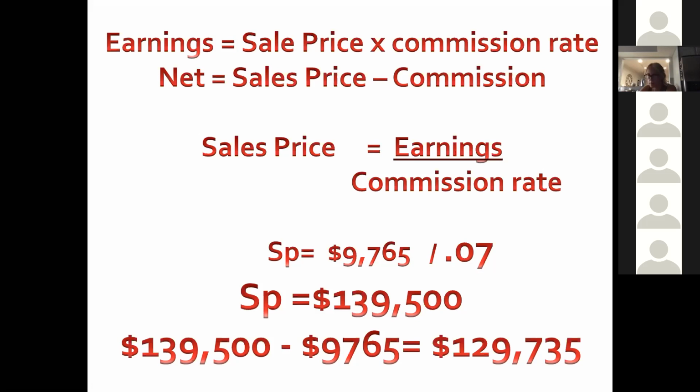Now, here's what I would suggest you do. I would suggest that you work it backwards. You take the sales price of the house, $139,500, and you multiply it by 0.93, which is the inverse of 7%.